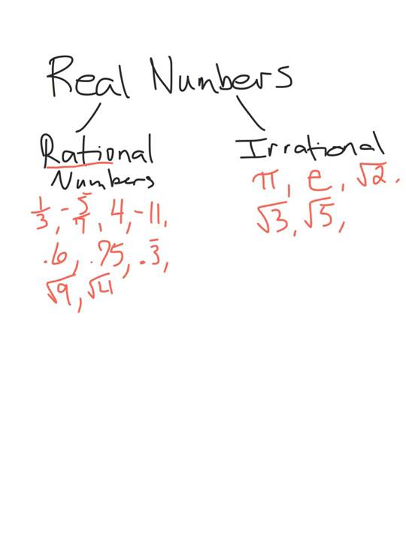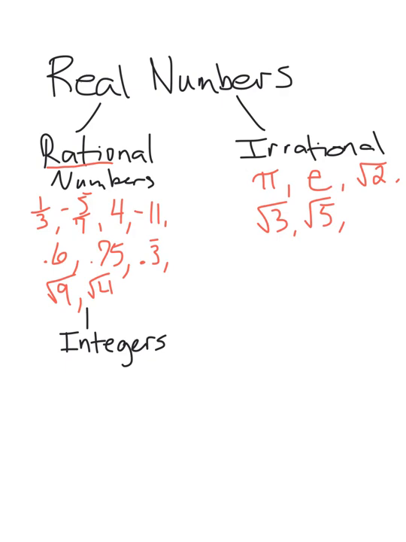A lot of times we deal with rational numbers, but there are smaller categories of rational numbers. A smaller subcategory of rational numbers would be integers. Integers are whole numbers and their opposites.